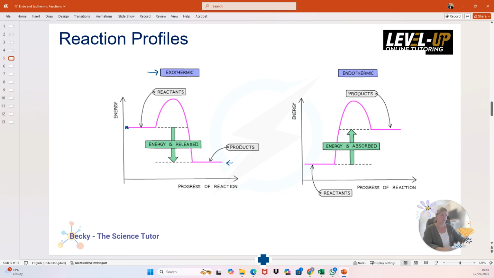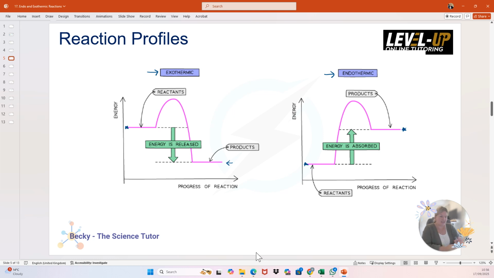Because on the reverse, let's look at the endothermic reaction. Our reactants at the beginning of the reaction are lower in their energy than the products at the end. So for that energy to have increased, energy must have come in to the reaction.